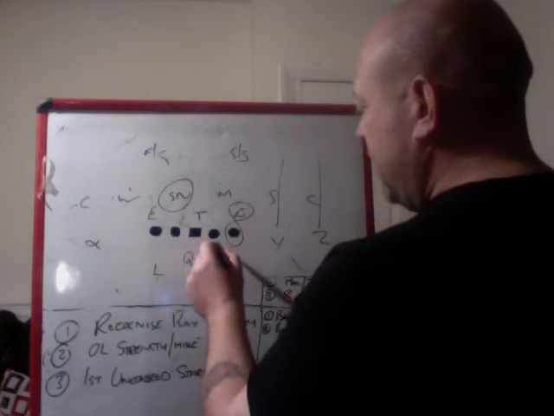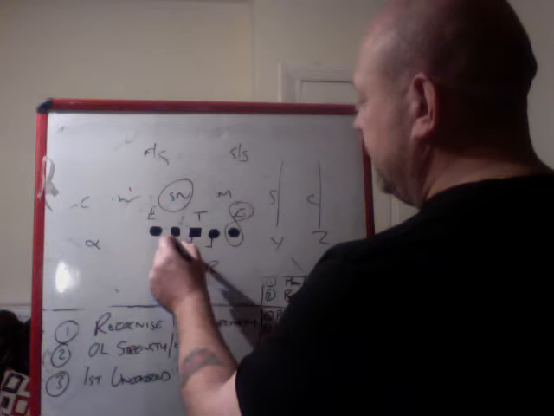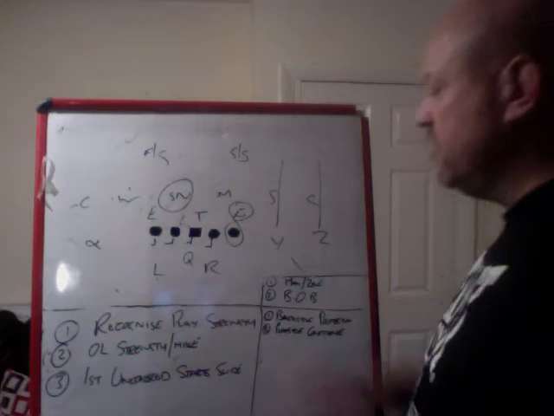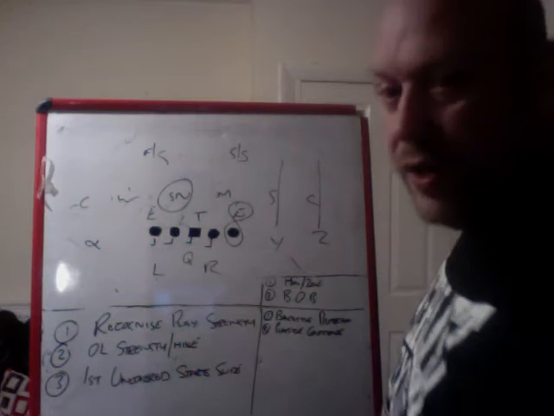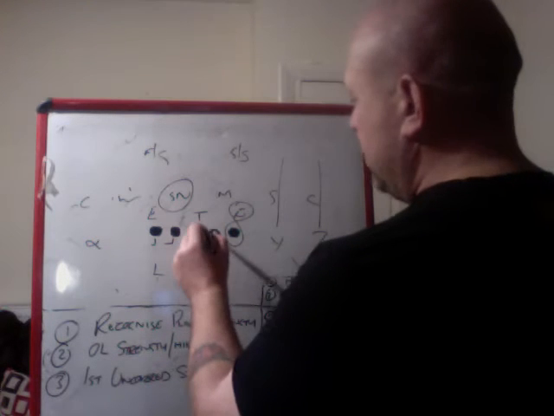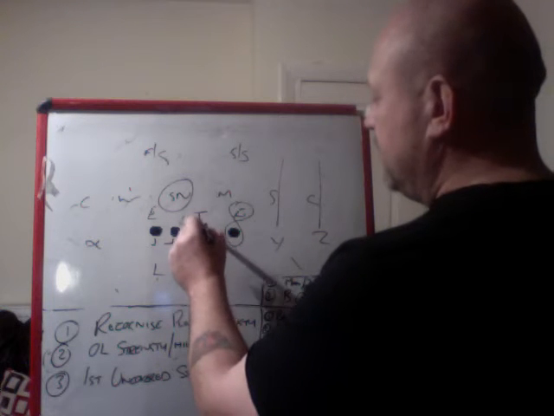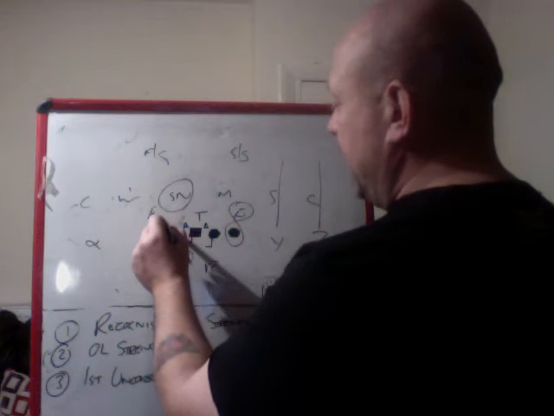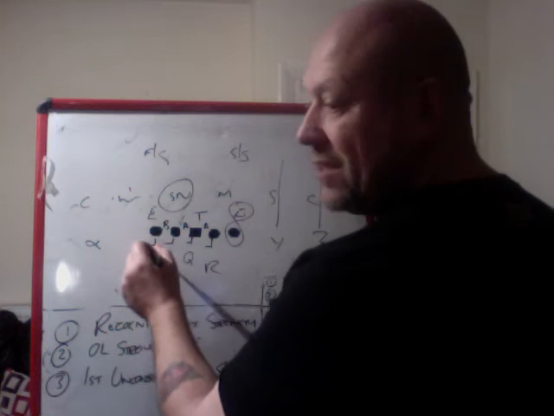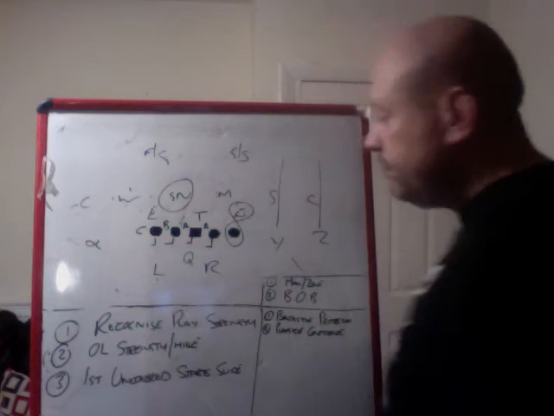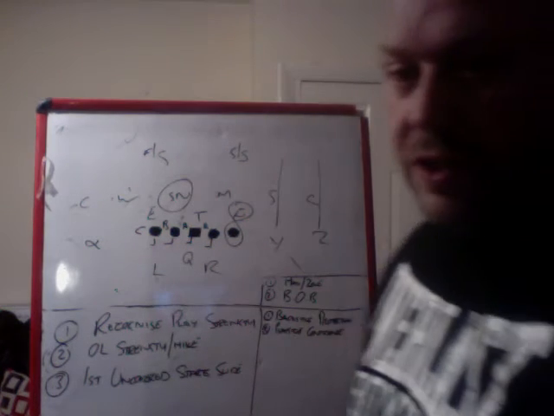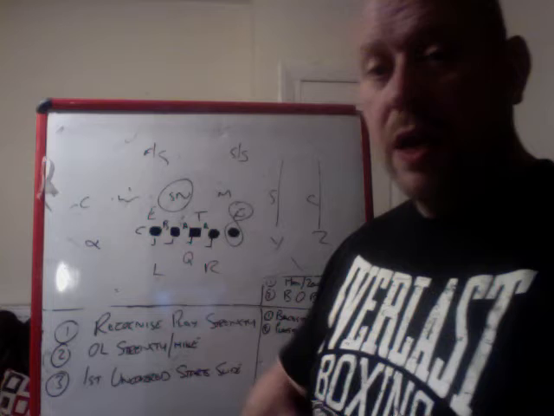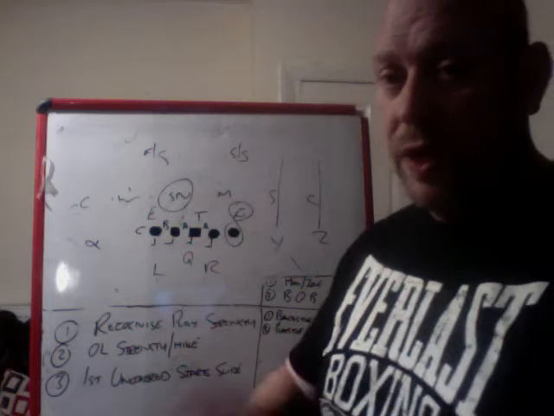We can see here that the right guard is uncovered. He starts the slide, and everybody else will slide as well. In simple terms, right guard has got backside A, center's got backside A, left guard's got backside B, left tackle has got backside C. Really, really simple stuff. Three rules, that's all you need.